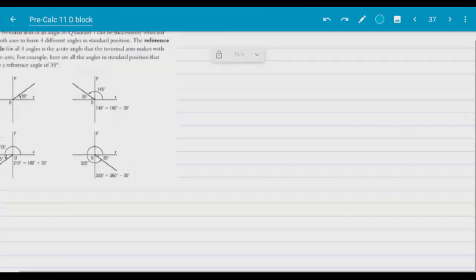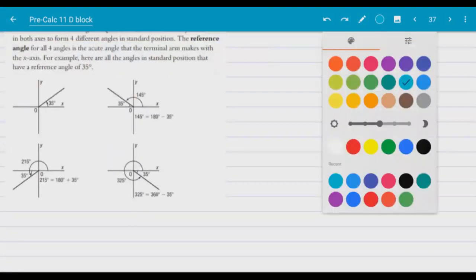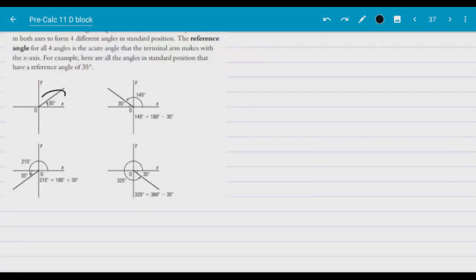Okay, look at this. This one is an angle in standard position. It has a reference angle of 35 degrees because this measures 35 from the x.